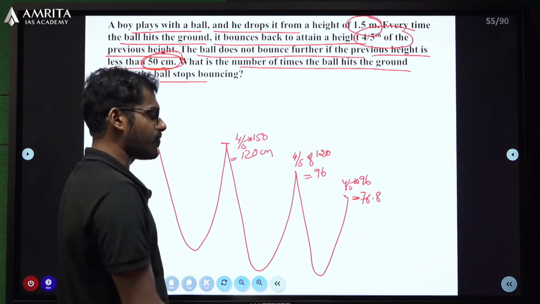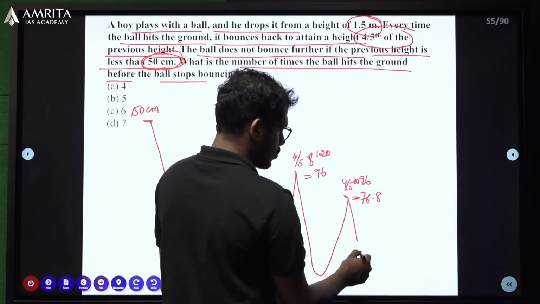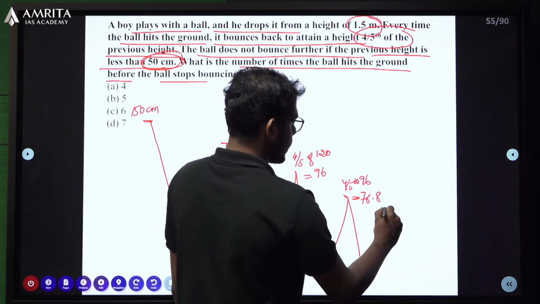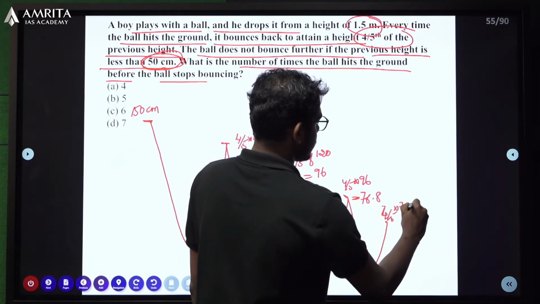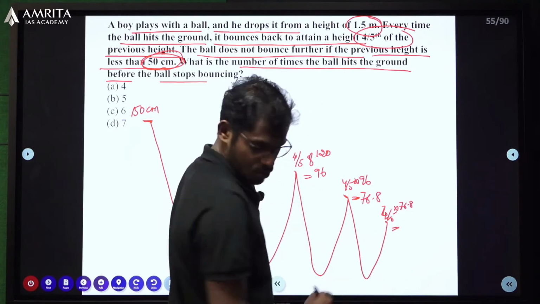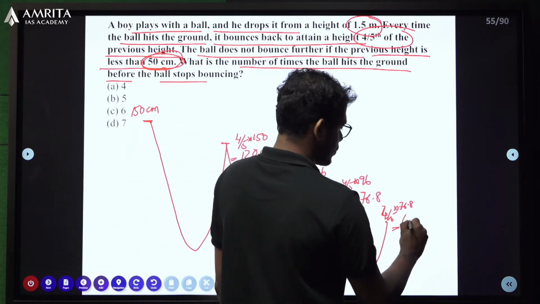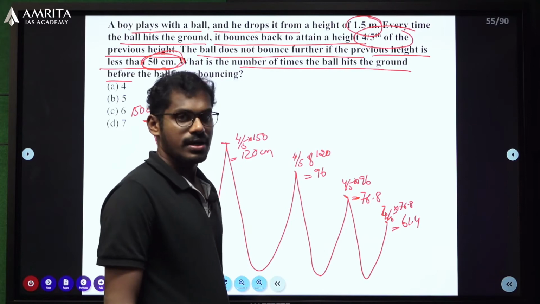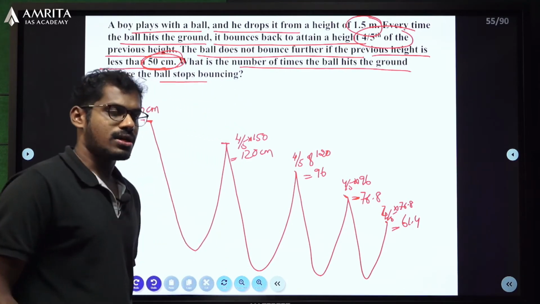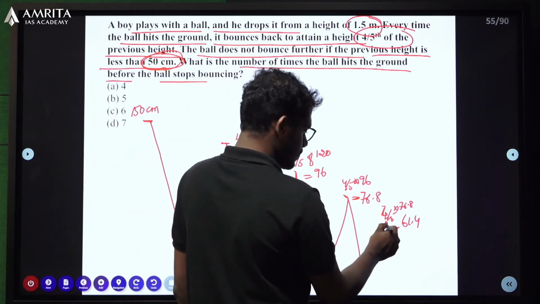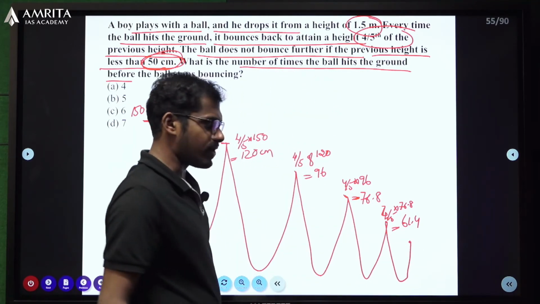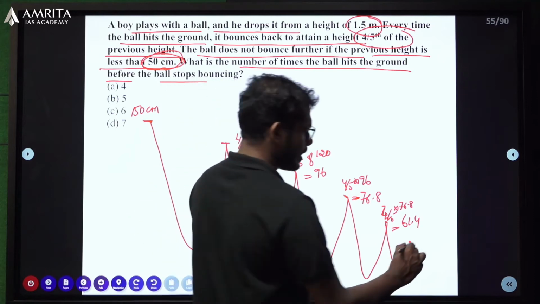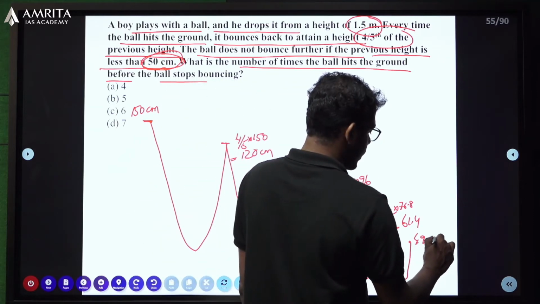It is not less than 50. So it goes down, bounces back, attains a height of 4/5 of 76.8, which is equal to 61.4, also not less than 50. It goes down and attains a height of 4/5 of 61.4, which is 49.15.